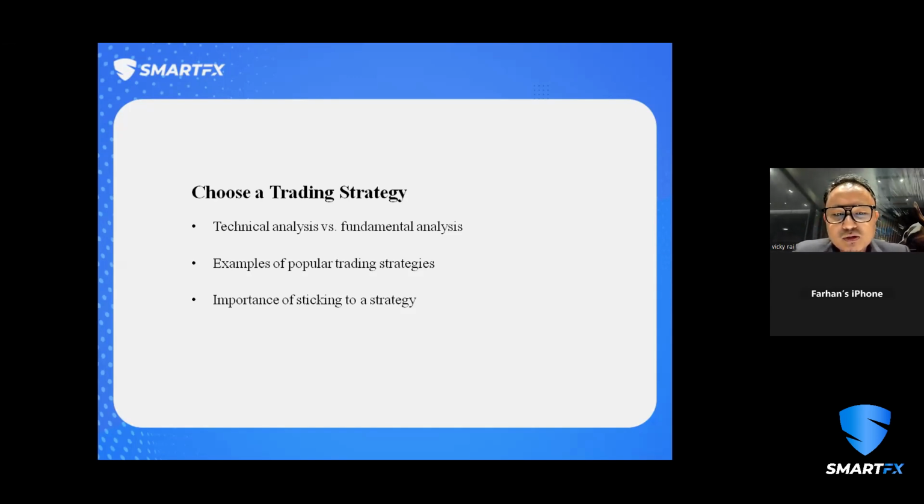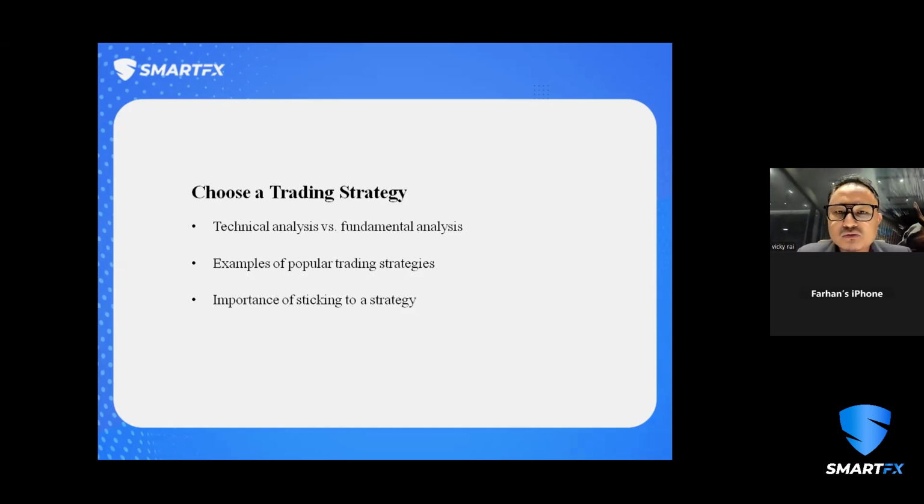So, I'd like to talk about sticking to the strategy. You cannot become a consistent profitable trader if you are using all of the strategies. You can't. In order to become a consistent profitable trader, you need to stick to a maximum of two or one strategy, and you need to specialize in that.